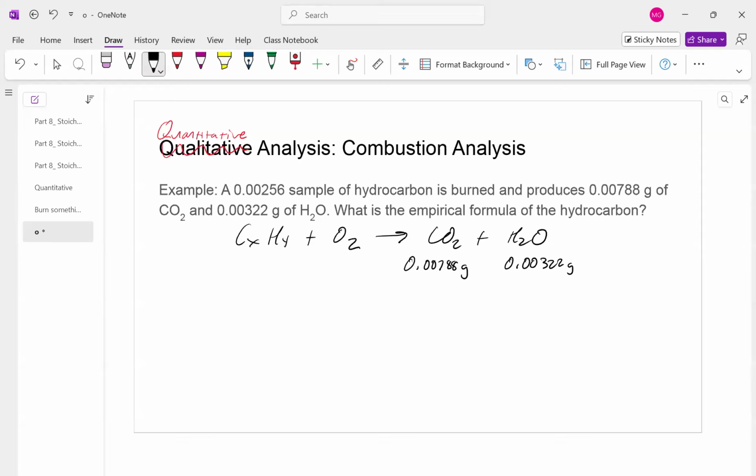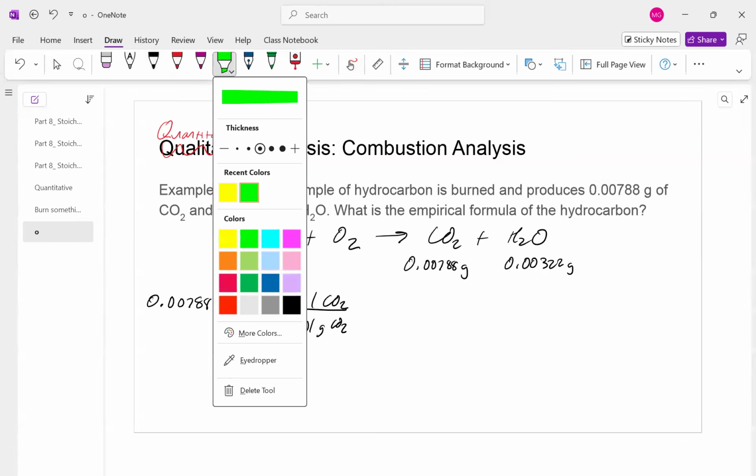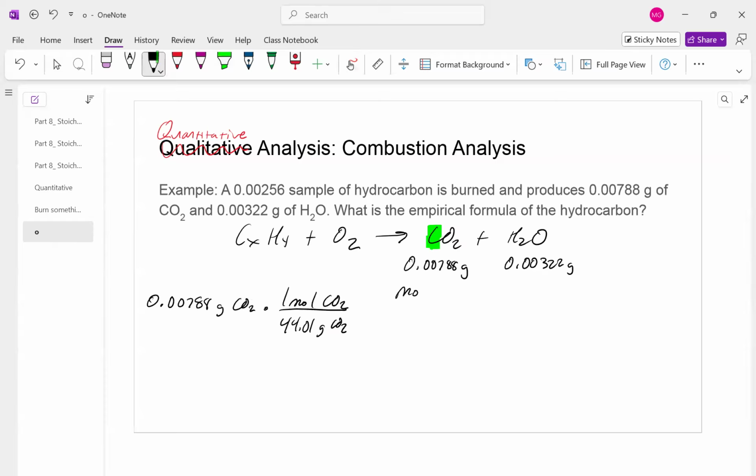Okay, so the first thing we're going to do is get to moles. All right, so let's get to moles for carbon dioxide. We're going to take what we're given, use the molar mass. And what we want to get to, though, ultimately, is moles of carbon and moles of hydrogen.